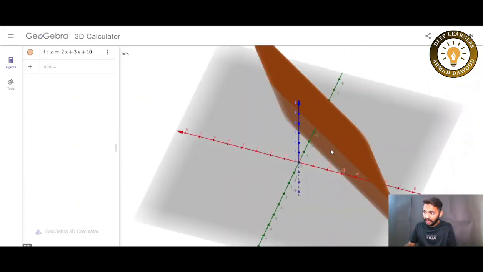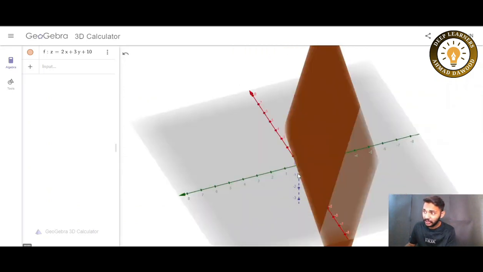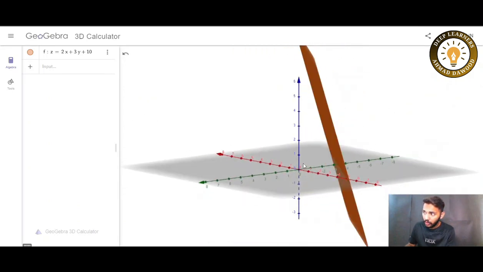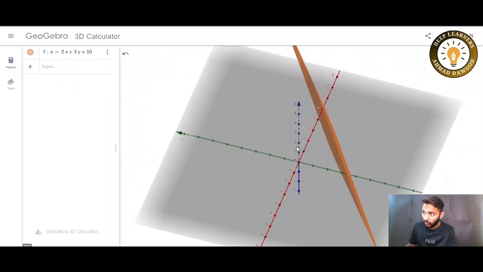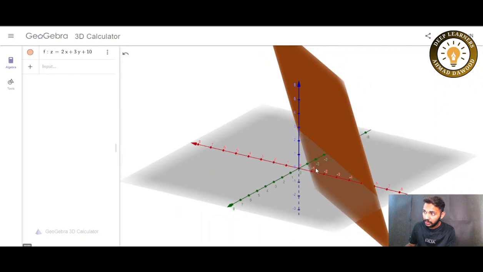In this way, this red axis is the x-axis, this green one is the y-axis, and this blue one is the z-axis. Then you can visualize how our plane looks. This orange one is our model, the linear regressor.